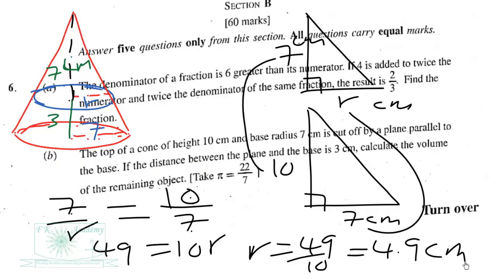So the volume of the remaining portion, this volume here, we can find by subtracting the volume of the upper cone, this one here, from the volume of the whole cone. So let's do that.